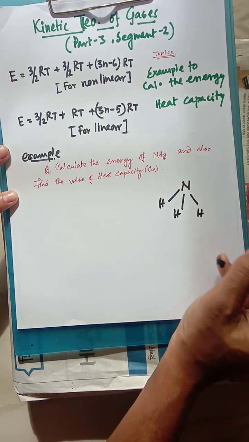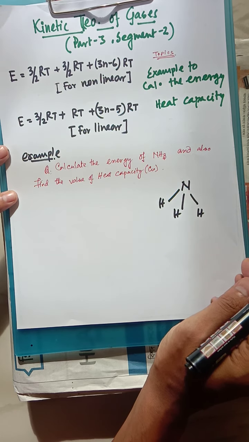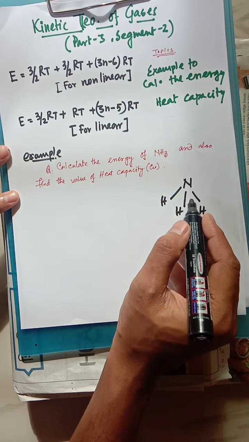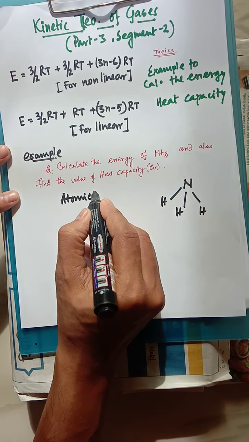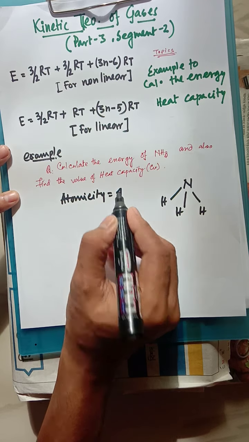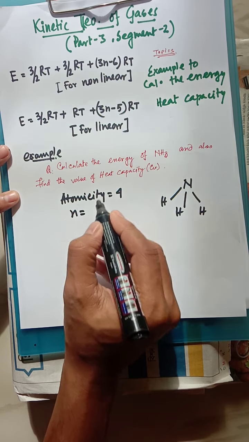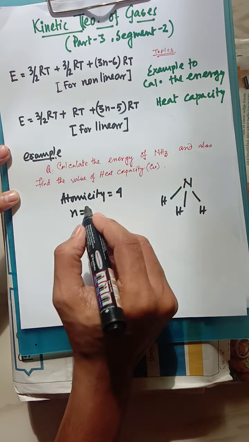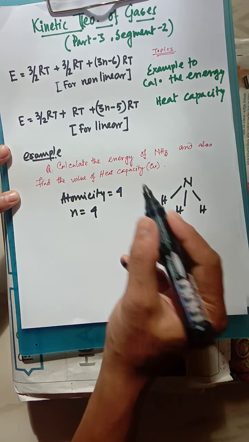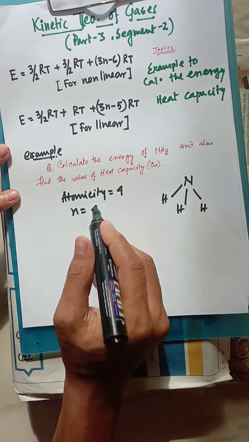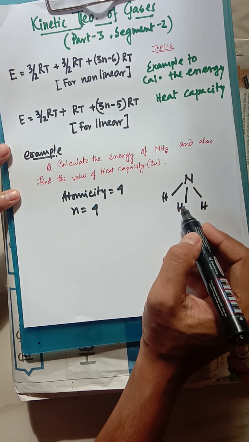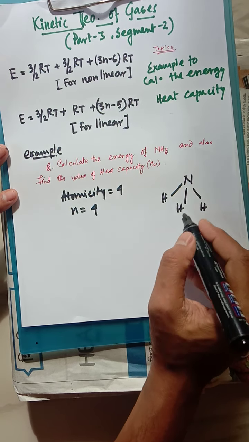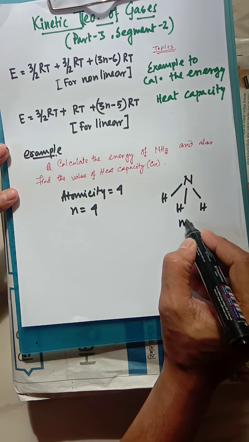First of all, its atomicity is equal to 4. Here N means the number of atoms involved, so N equals 4. Secondly, is it linear or non-linear? I hope we can easily understand it is non-linear.